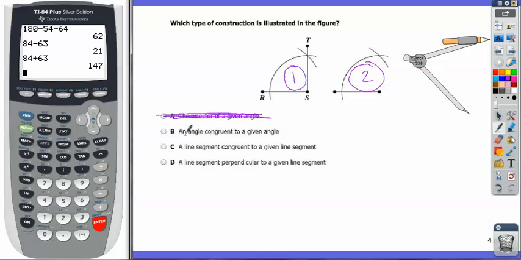I could have an angle congruent to a given angle, a line segment congruent to a line segment, okay, maybe. A line segment perpendicular. This looks perpendicular, but I'm not doing that over there. Doesn't look like it. And plus, these look like angles. I'm not making anything equal as far as line segments go. So this is actually 2 angles, and they're being copied.